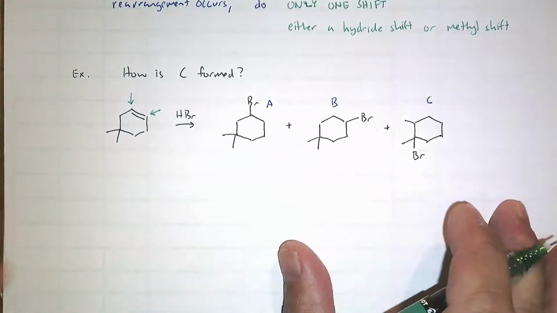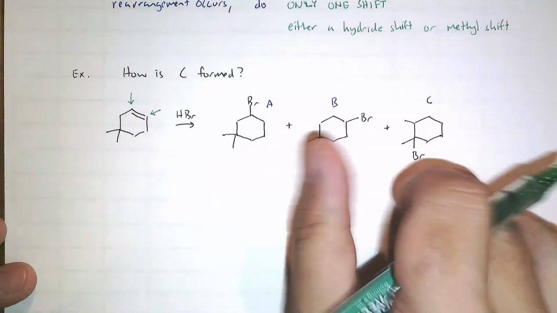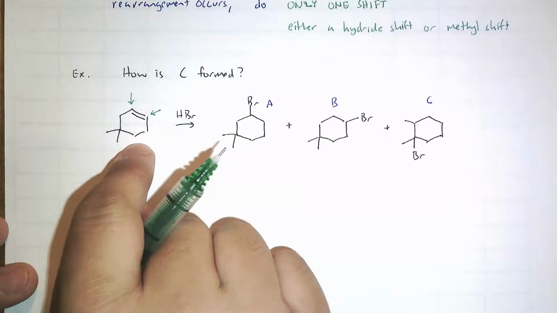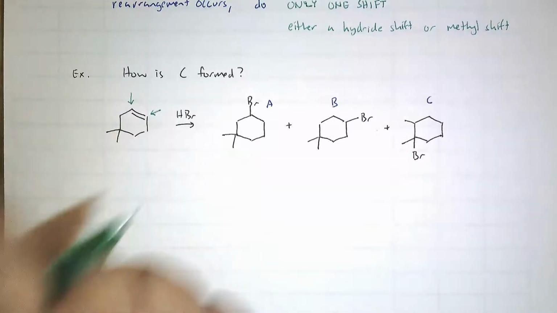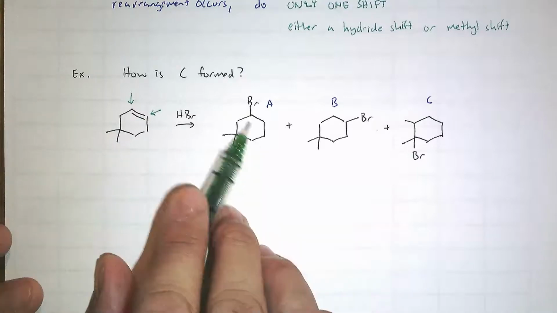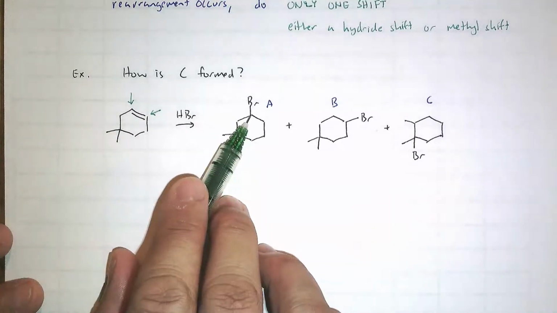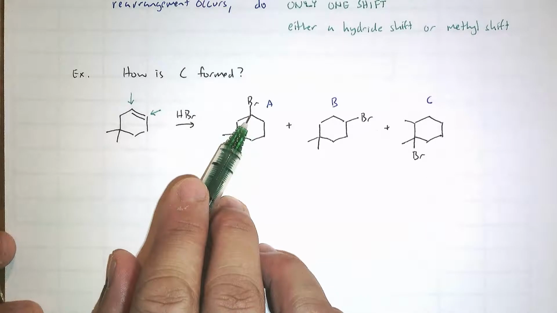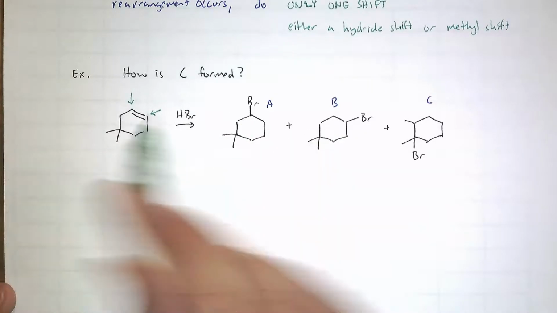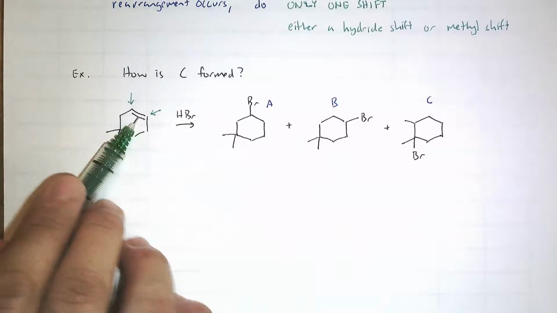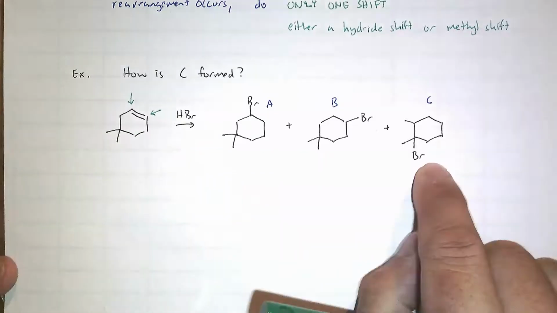The thing is, when looking at this problem, we can't use Markovnikov's rule because both carbons are equally rich. And that's why in some products, you have the bromine on this carbon. That's where the carbocation was. And other times you have the bromine on this carbon because that's where the carbocation formed. I'm not going to say 50-50 because you do have some of this third product.